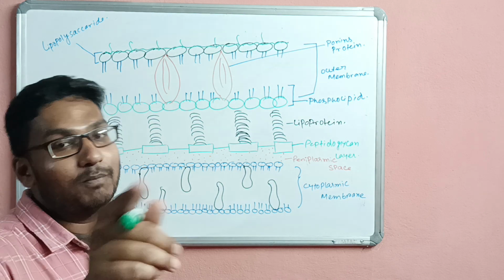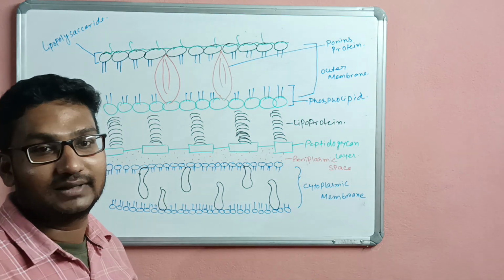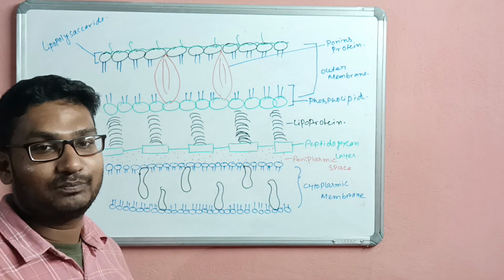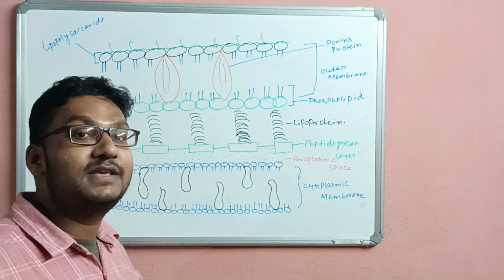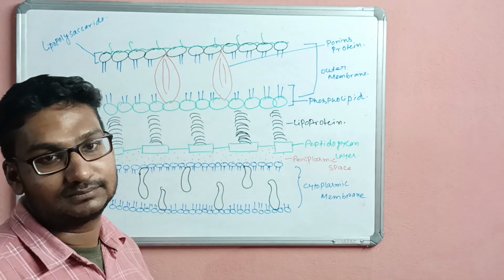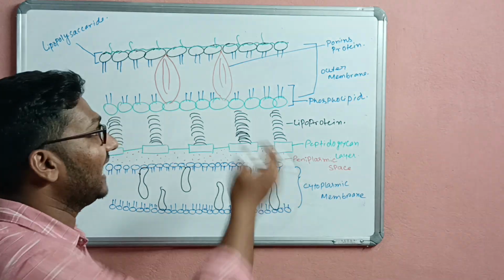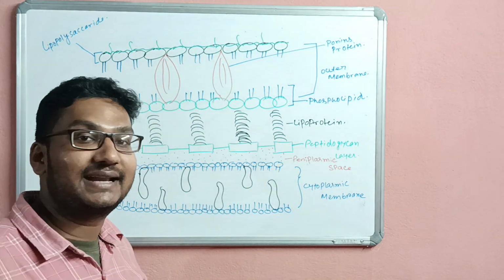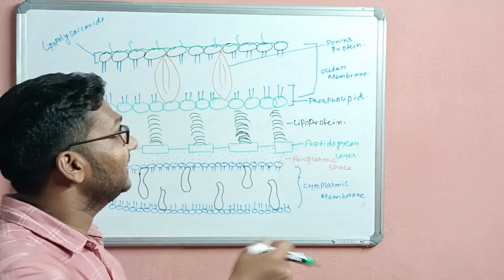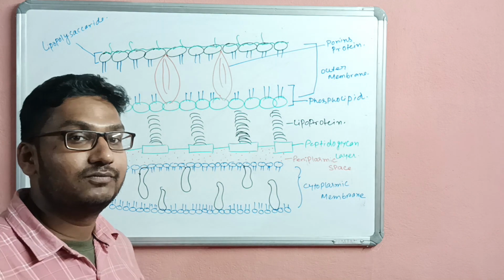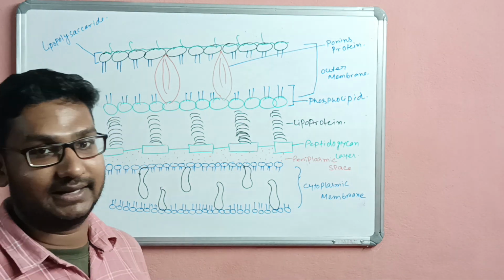If O polysaccharide is present in the gram-negative bacterial cell wall, the bacterial colony will be smooth in nature. If it is absent, the colony will be dry in nature. So it is one of the identifying features in gram-negative bacteria.